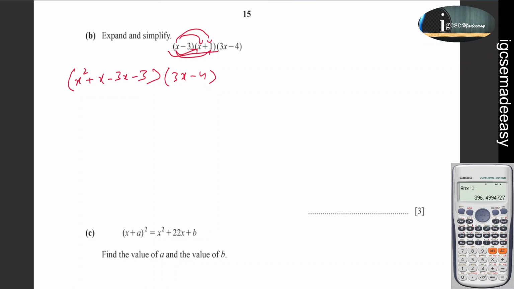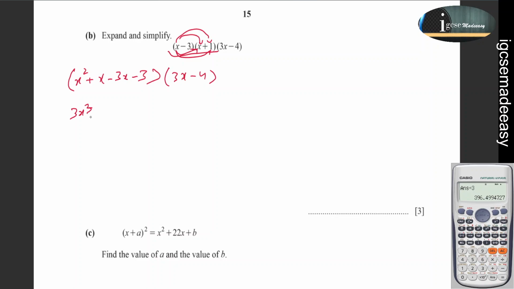Then we have to expand the bracket the same way. So this one with this one, and this one with this one, right? Like that. So let's expand it. So 3x into x square is 3x cube.